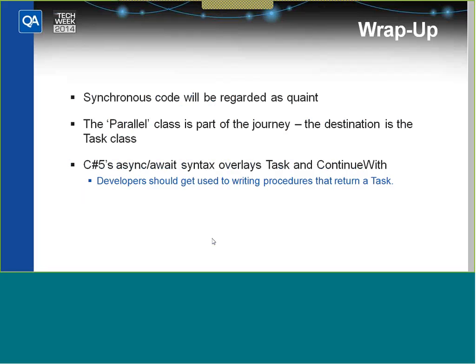Okay, just bumping up to 6:30. Just as a brief summary of where we've been to. As I say, I think in 15, 20 years' time, synchronous code will be looked at as the sort of stuff they did in the 90s and the first decade of this millennium. Isn't it nice? But did they really have to do it that way? Because it's just not performant. The parallel class is something you can use today with care.